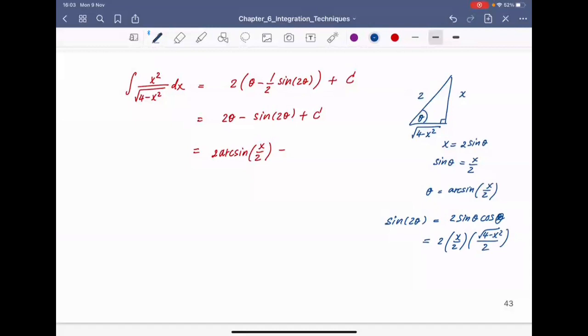Well, that means sine 2 theta is x times square root 4 minus x squared over 2 plus c. So here you have to use the identity of double angle. You have no choice, because this is how we manipulate sine 2 theta. And that is your answer.